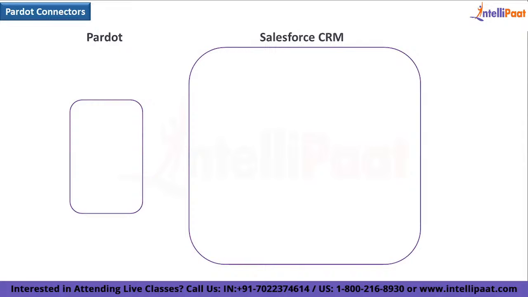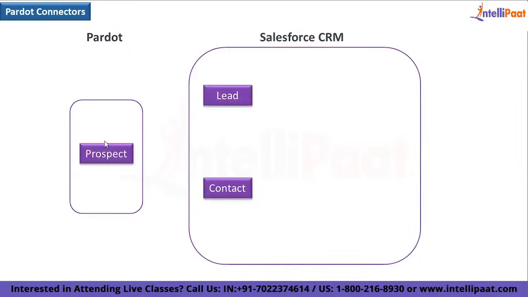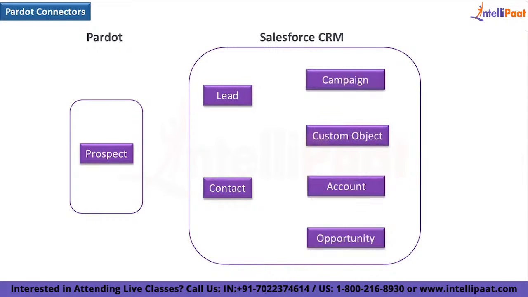When it comes to the Pardot and Salesforce CRM environment, we have only prospects under Pardot, whereas on Salesforce CRM you can see a lead object and a contact object. Apart from that, you also see campaign, and there might be some custom objects. There will be account object and opportunity object. So probably you are very much familiar with the objects on Salesforce CRM. There will be an arrangement like this.